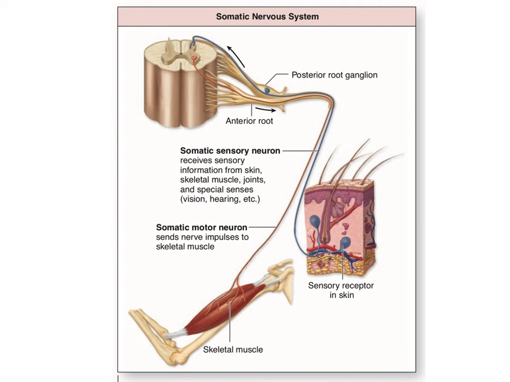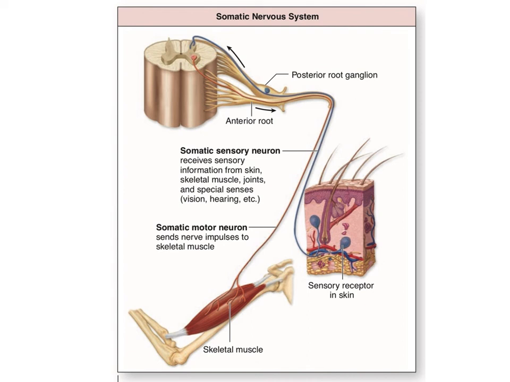The sensory receptor is sort of like the dendrite of a sensory neuron, whose cell body is in the posterior root ganglion. If something triggers the sensory receptor in your skin, that would trigger signaling in the sensory neuron in the posterior root ganglion, which would then send an afferent signal to the central nervous system.